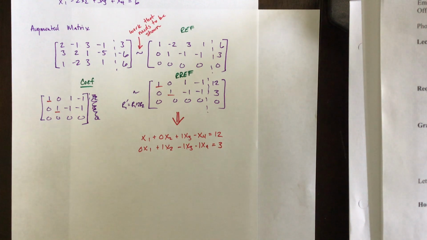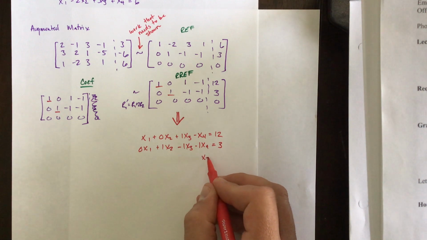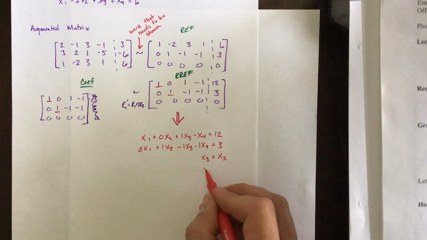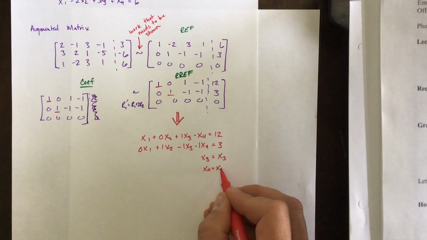And we have a row of zeros: 0 plus 0 plus 0 plus 0 is 0. There is no equation for x3. The best we can say is x3 is equal to itself, and x4 is equal to itself.